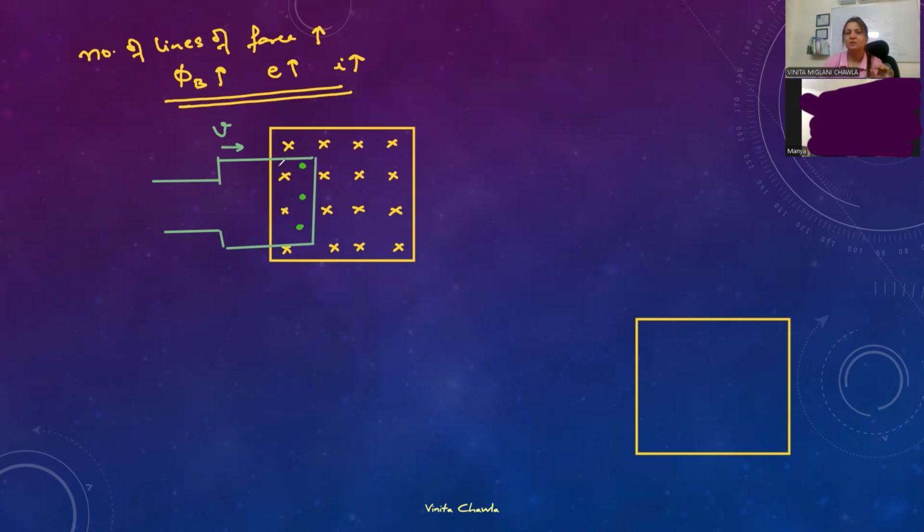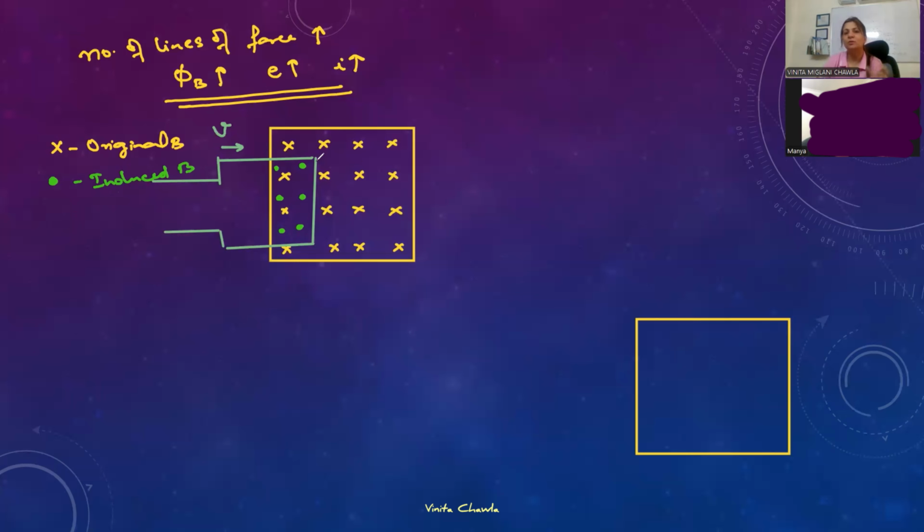What do dots represent? Out of the page. Yes, because your original magnetic field is into the page. So your induced magnetic field is in the outward direction to oppose the change.